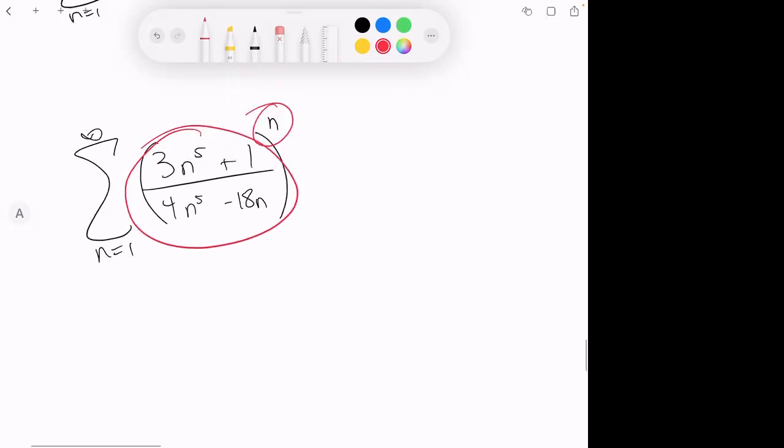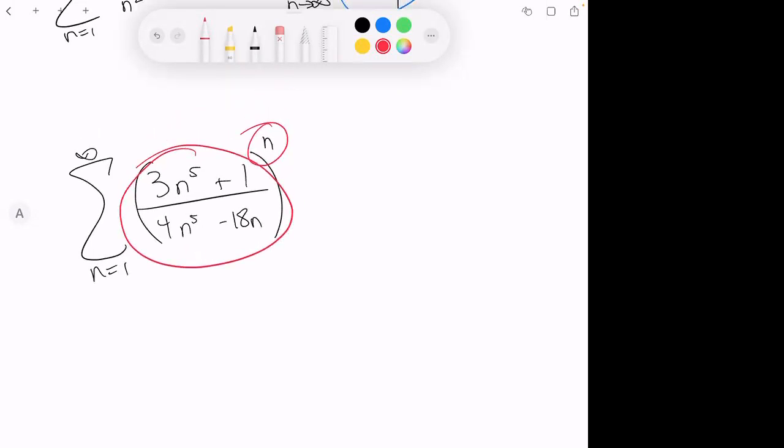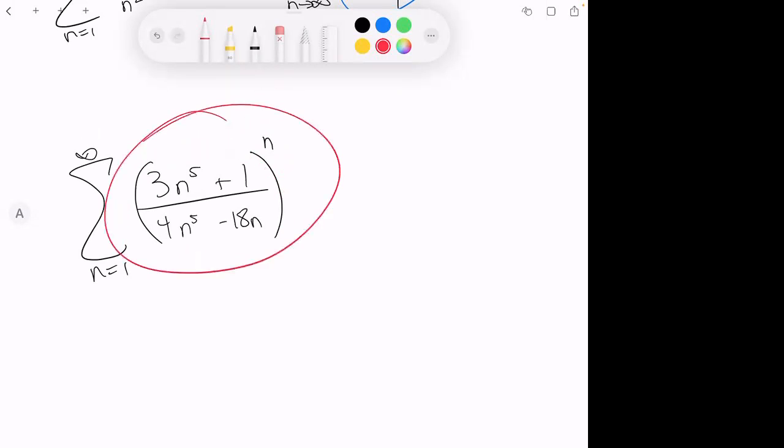Working with stuff to the power of n is quite challenging, because if you're plugging in 5, this would be 3 times 5 to the 5 plus 1 over 4 times 5 to the 5 minus 18 times 5, all to the power of 5. And that power only gets bigger and bigger as your terms go along. So it's quite hard to understand what's going on.